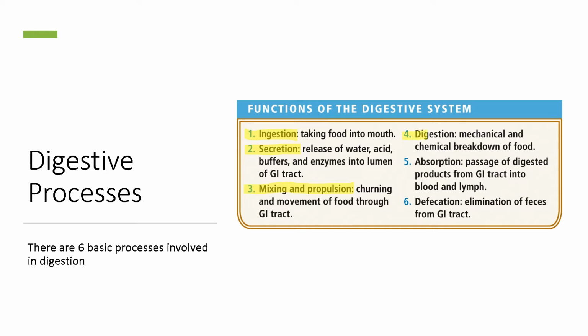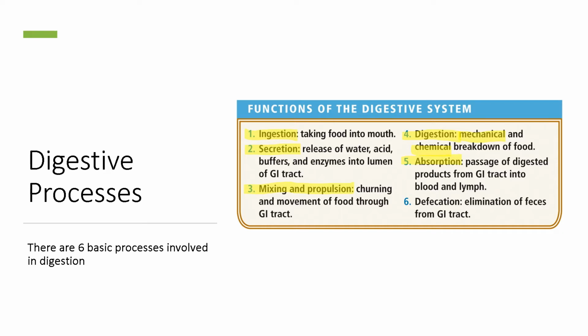Our fourth function is digestion. So these are going to be both mechanical and chemical processes that break down the ingested food into small molecules. The fifth function is absorption.